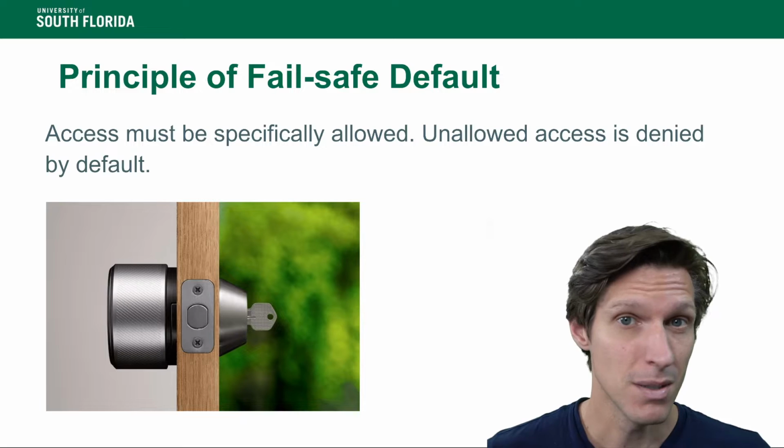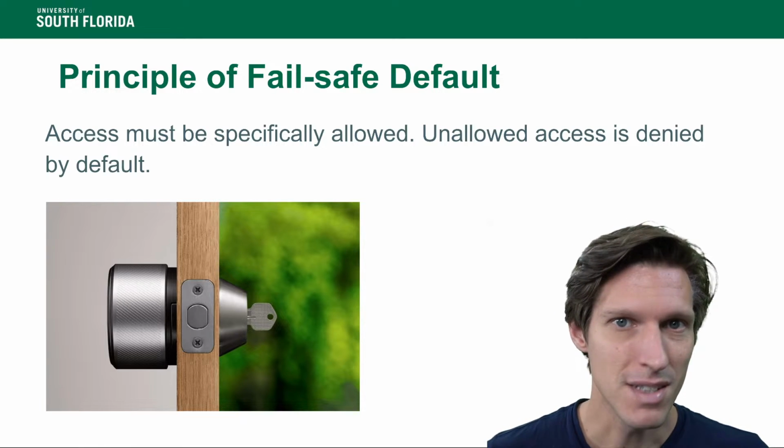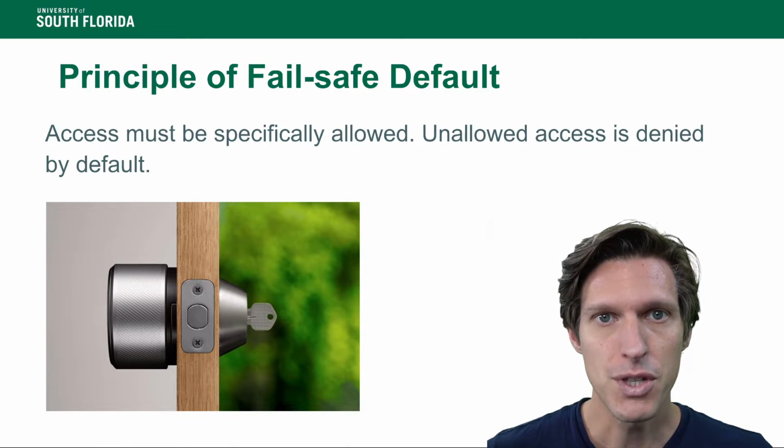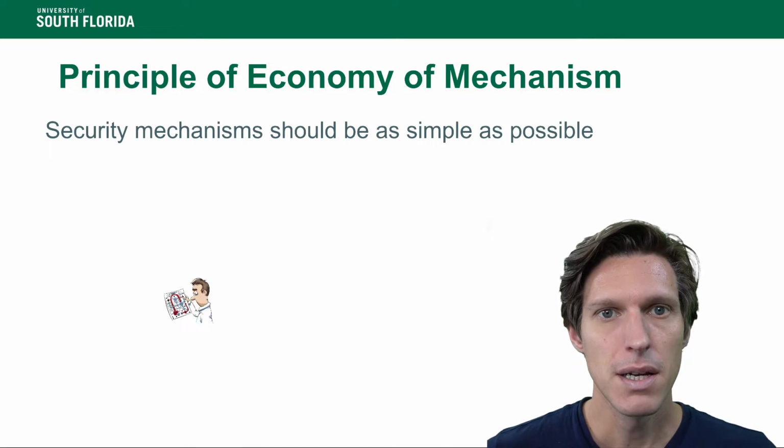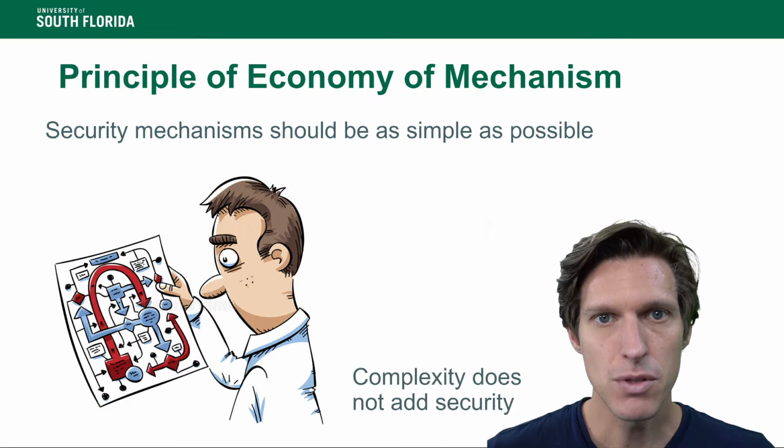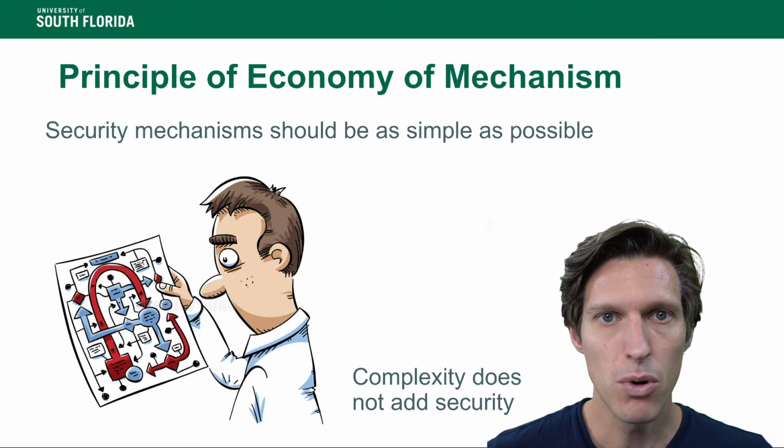Now I know it can be annoying when you forget your key inside, but that also ensures a maximum level of security. Now, the principle of the economy of mechanism means that the system should be as simple as possible. A system that is too complicated typically ends up being less secure.